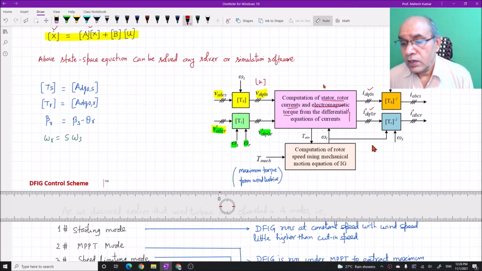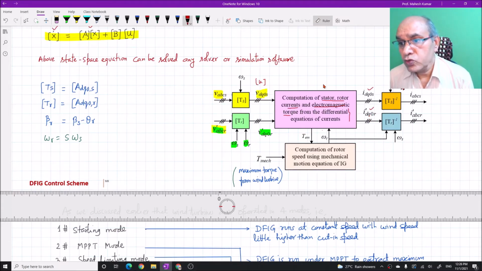Then also omega r goes as an input and the electromagnetic torque is computed. It comes to the computation of the rotor speed, which gives theta r and omega r, and based on that we compute the Idq0s and Idq0r dash.